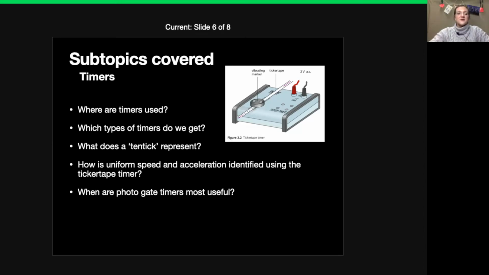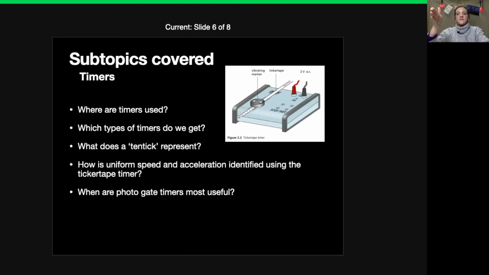So when are photo gate timers most useful? They are most useful when your object needs to reach the finish line. So this is where you have a starting point and you have your gate on this side, and your object needs to pass through the gate to disturb the gate connection with each other. And as soon as the connection is broken, the timer will stop.